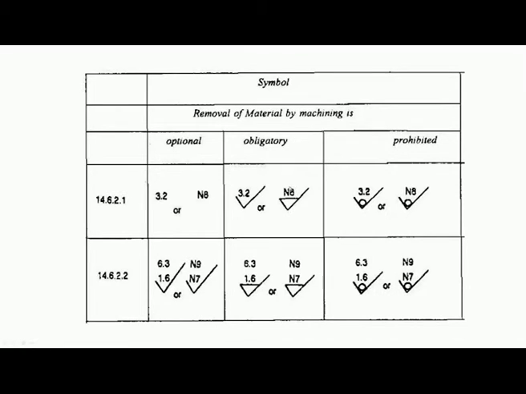So here the grade is mentioned, and here the roughness value is mentioned. Since no parameter is mentioned, it is understood that it is Ra value in micrometer. And here no machining is required. We need N8 grade or 3.2 micrometer surface finish Ra without the removal of material. And here the limits are mentioned, maximum roughness and minimum roughness values.